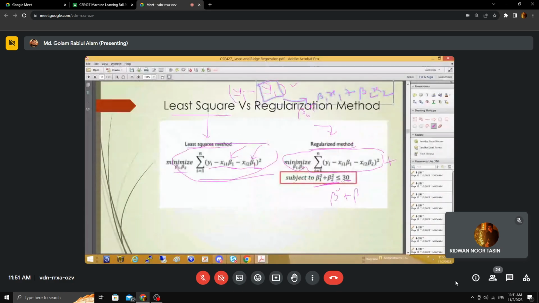Instead of just 30, we can assume anything, maybe any t, any threshold. So this is what actually happens in our regularization method.